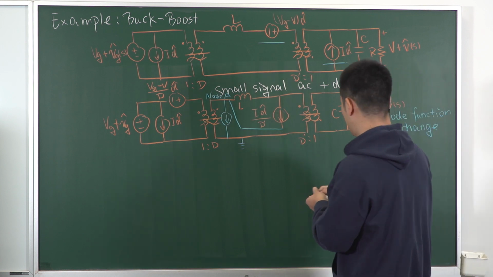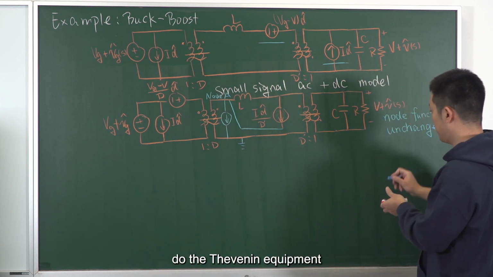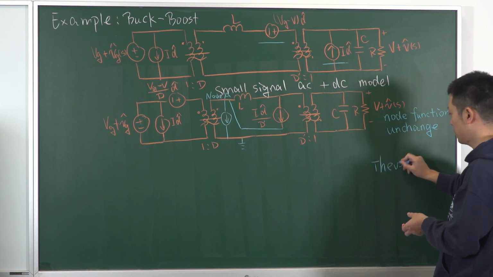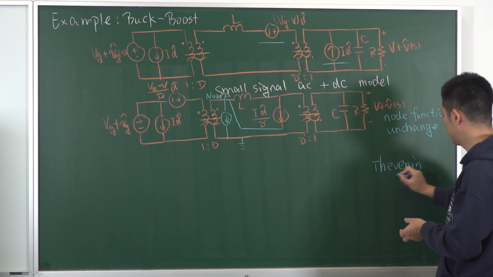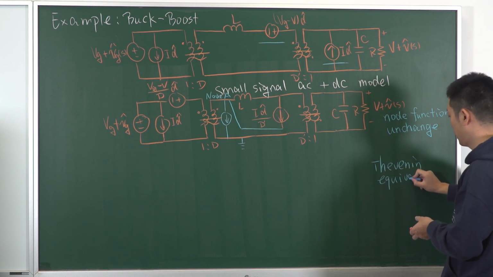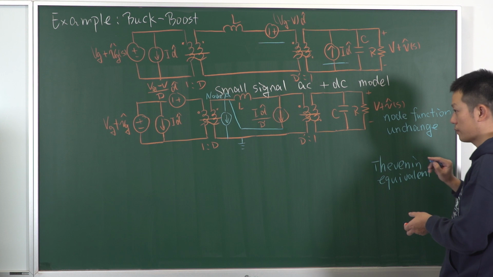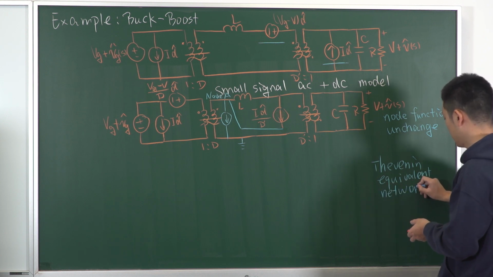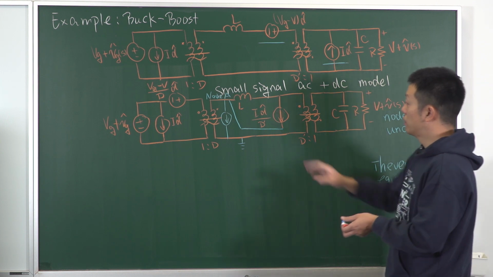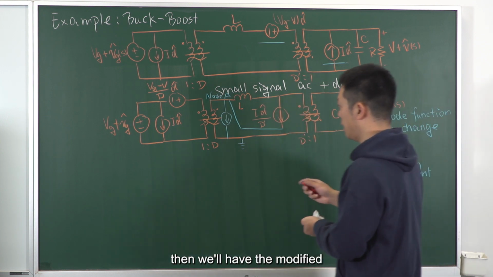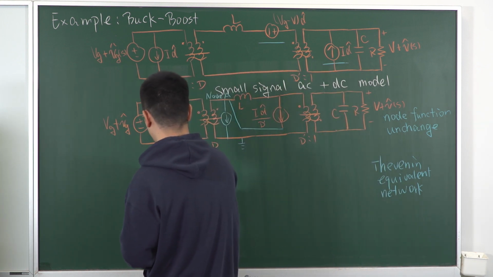So let me do the Thevenin equivalent network for this L in parallel with the current source. Then we'll have the modified equivalent circuit.